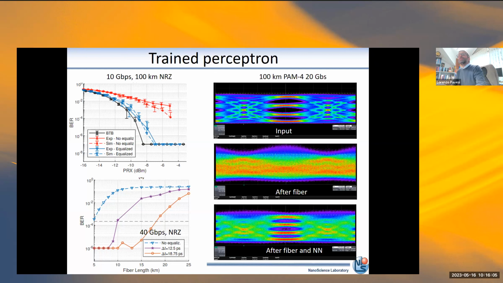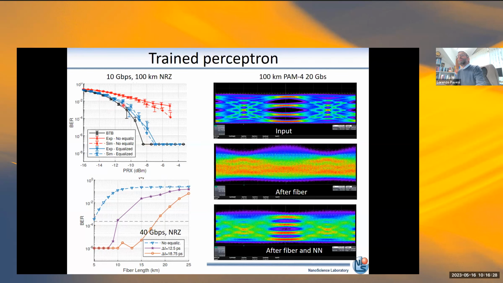Here are the results for 100 kilometer fiber length at 10 gigabit per second. This is the bit error rate for the light transmitted in the optical fiber, the red points, while the blue ones are the bit error rate after the action of the neural network.